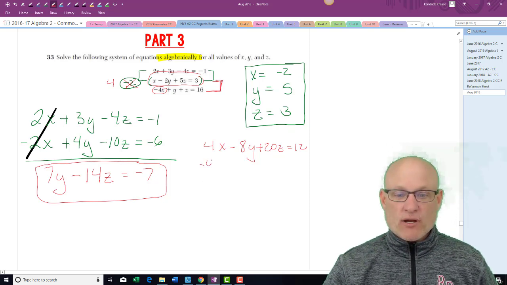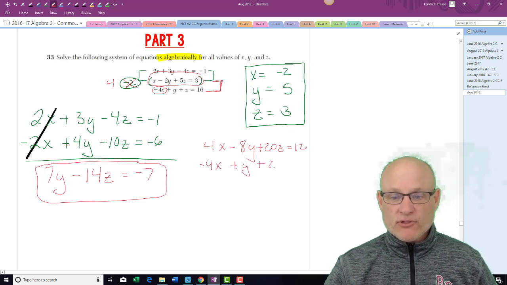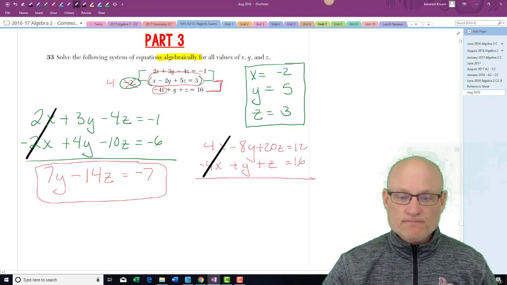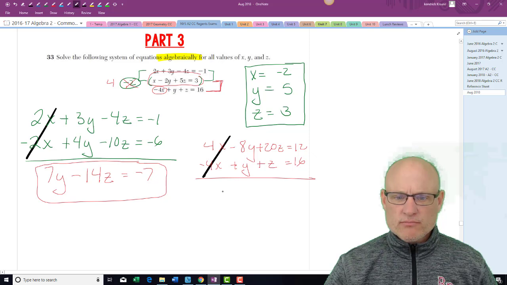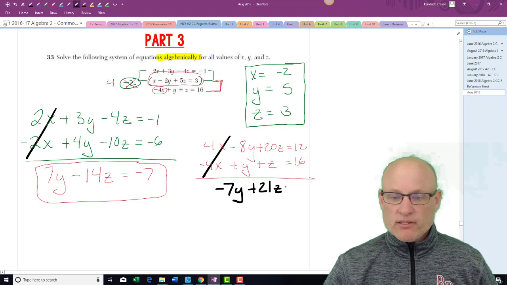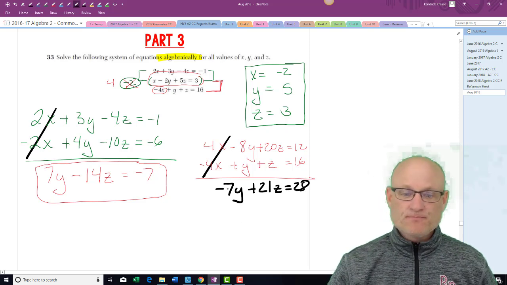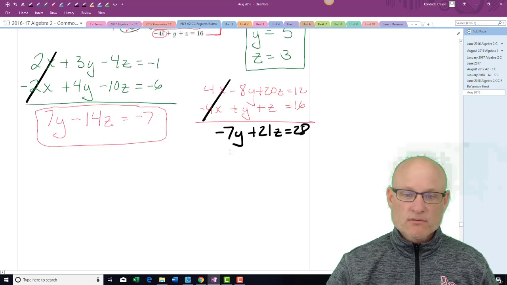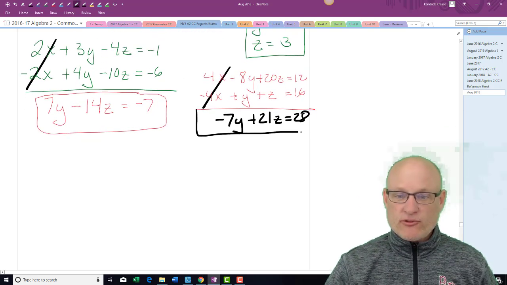So -4x plus y plus z equals 16. All right, again, these go, and I end up with -7y plus 21z equals 28. So now I'm going to put these two together.